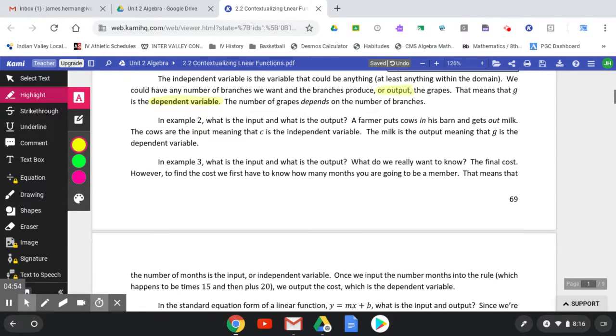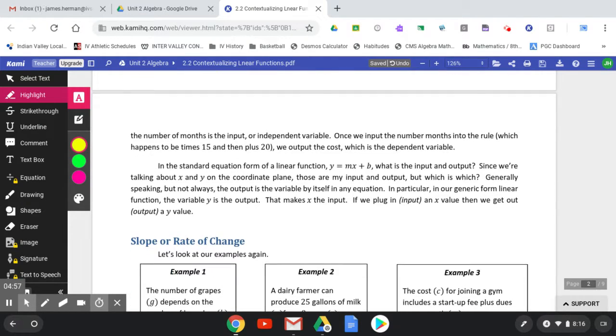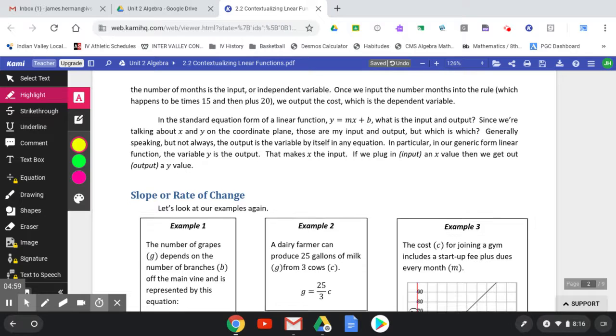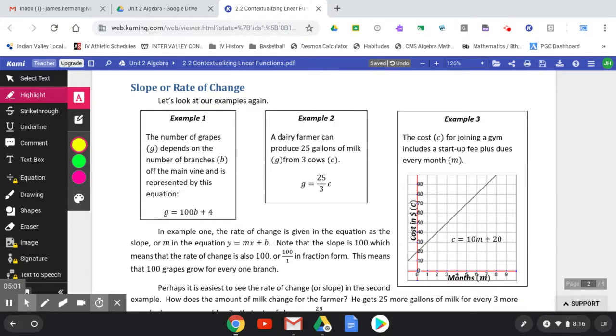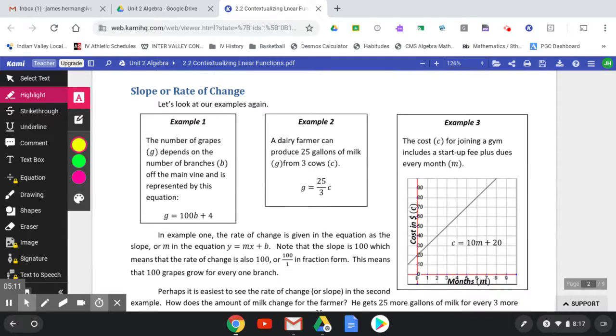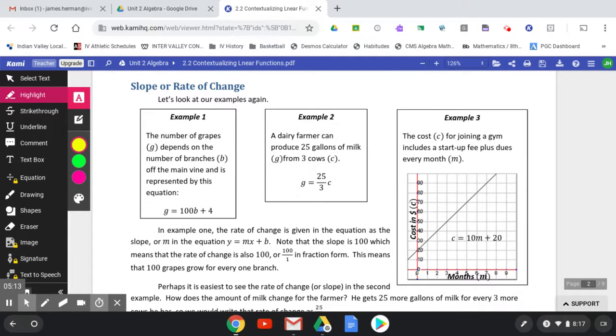How about the next paragraph or next set of paragraphs? Yes, sir? Uh-oh. What's happening? Cat.